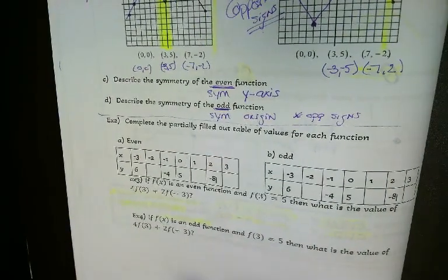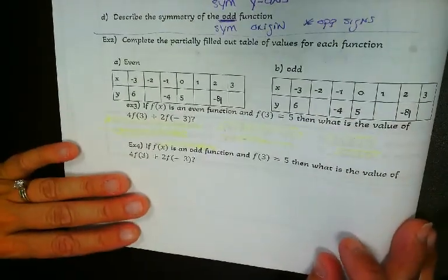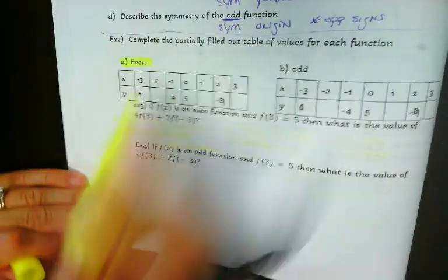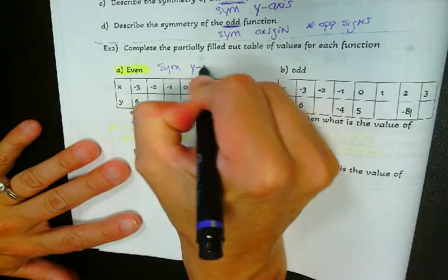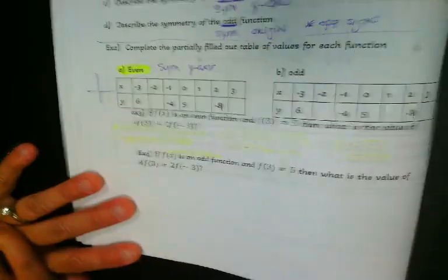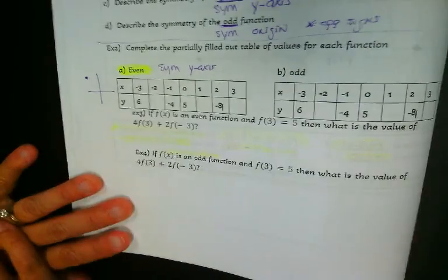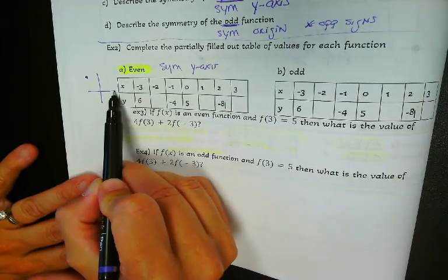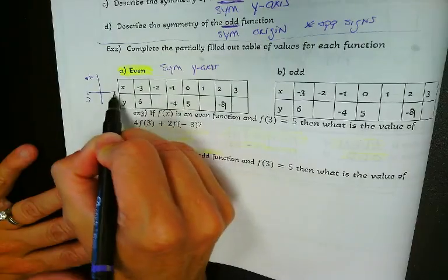All right, same type of question, just asked in a table versus a graph. It says, complete the partially filled out table. They're telling us we're even. So your brain is saying even is symmetric to the y-axis. You can always plot a point for yourself. If I'm at negative 3, 6, what would positive 3 be?